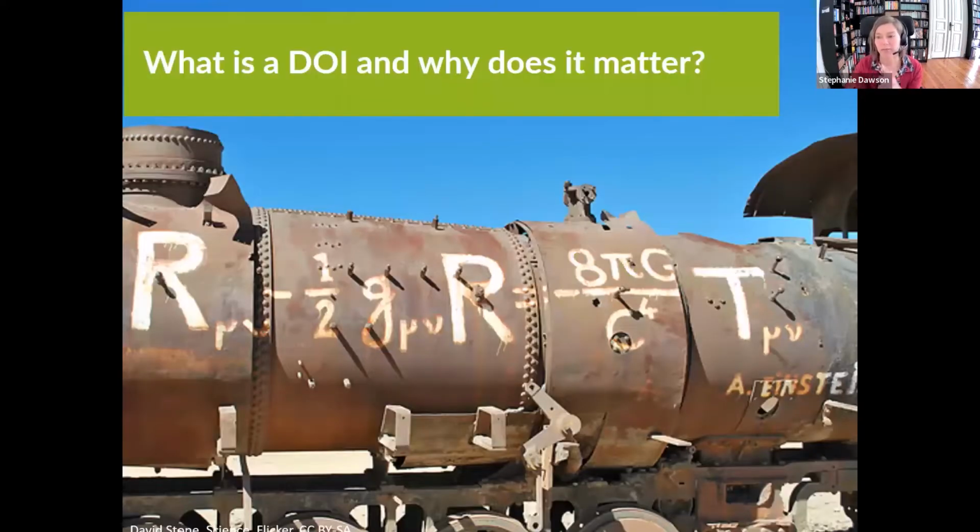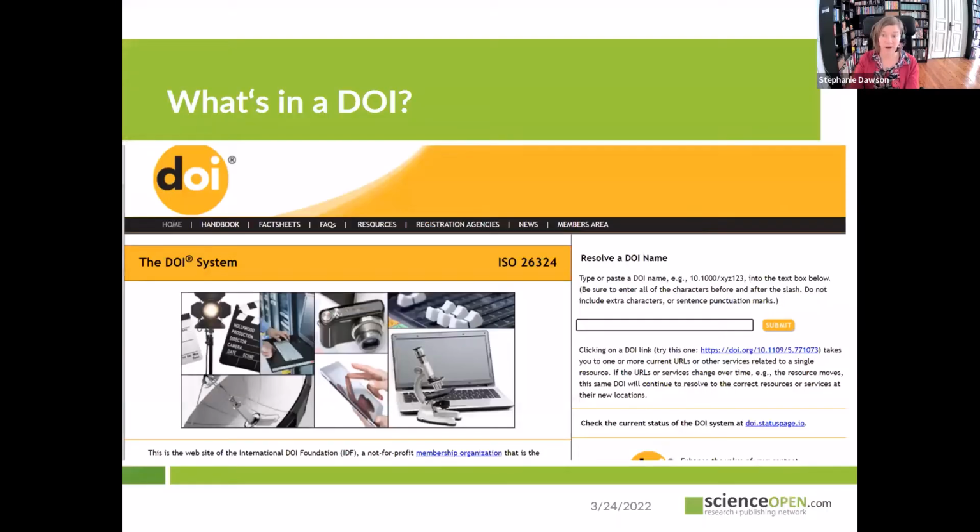So let's start with the basic unit of discoverability, the Digital Object Identifier, or DOI. A DOI is a stable identifier that links to the article or book homepage or URL. And because URLs tend to change over time as publishers update their website or change platforms or journals are bought or sold or moved, the DOI remains stable and you can always then find that article.